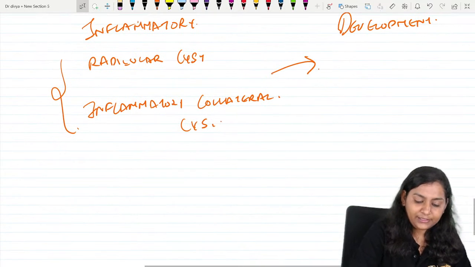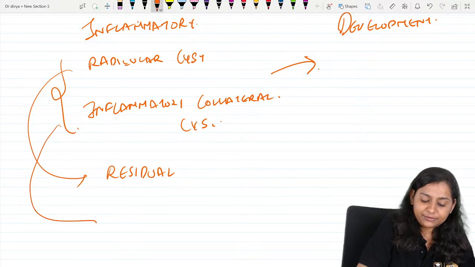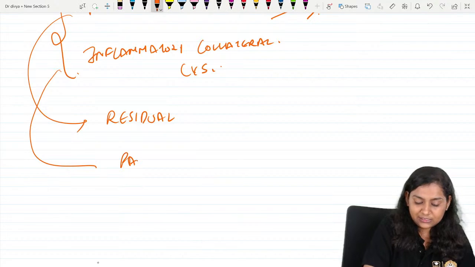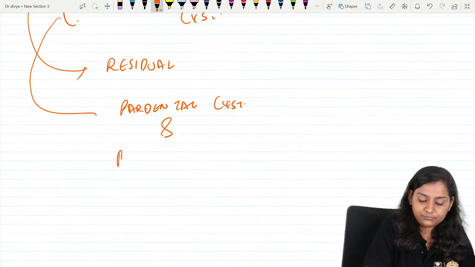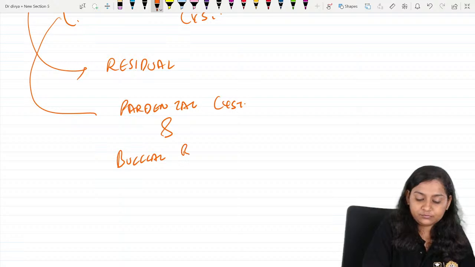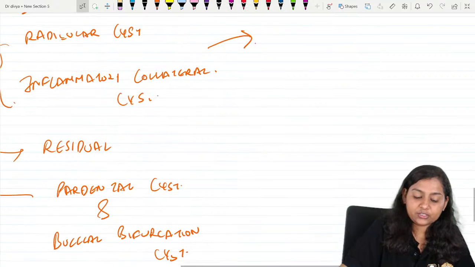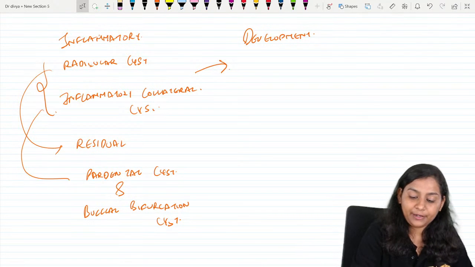Now one type of radicular cyst we have discussed is residual cyst. And there are two types of inflammatory collateral cyst: paradental cyst and buccal bifurcation cyst.